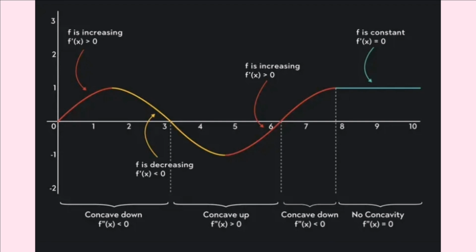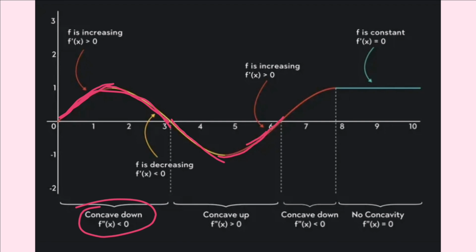Now on the fourth graph, first the function is increasing, then decreasing up to 3. Here the function is concave down, so the second derivative is less than 0. Then the function is decreasing up to 4.5, then again increasing up to 6.